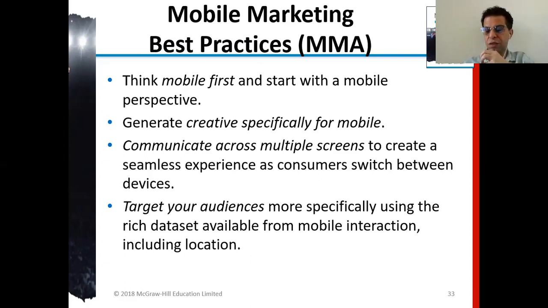They should see it on tablet and mobile, because both are mobile, very smoothly. Target the audience more specifically using the rich database available from mobile interaction, including location, like people who use the GPS and search for certain restaurants utilizing the GPS, for example.